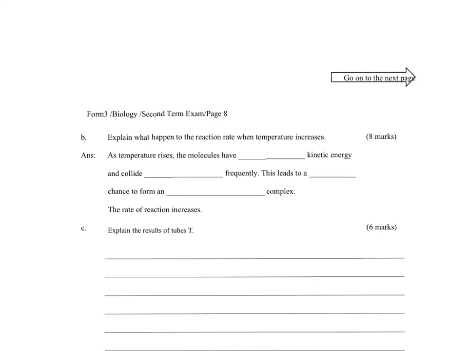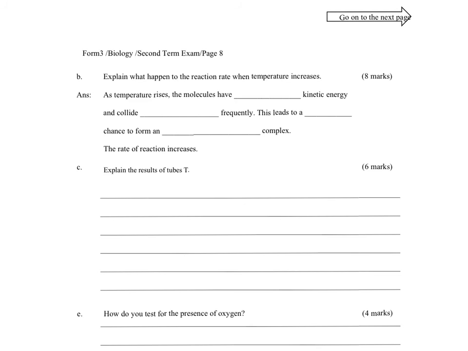For question B, what happened when temperature increases? When temperature increases, the molecules will have more kinetic energy and collide more frequently, then lead to a higher chance to form an enzyme-substrate complex.